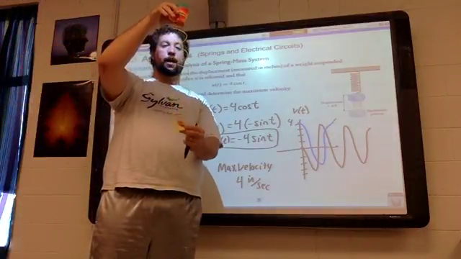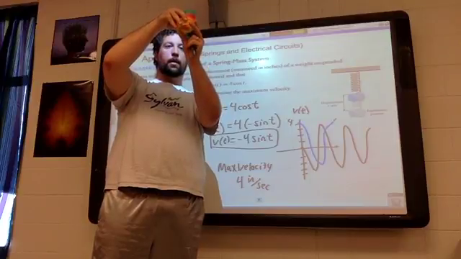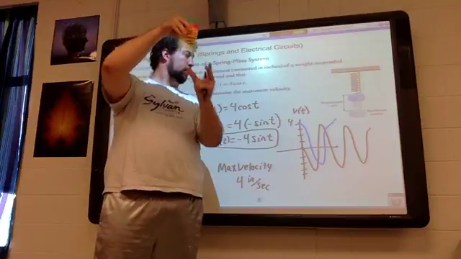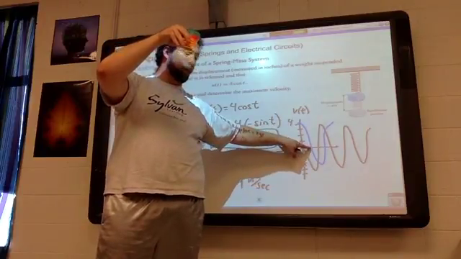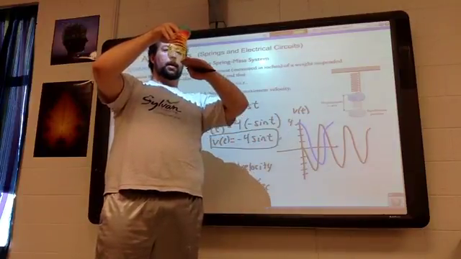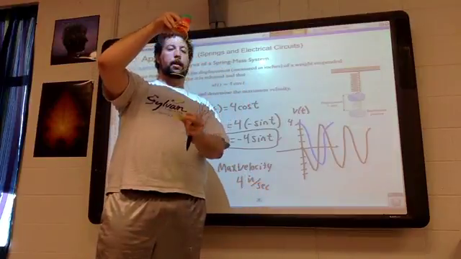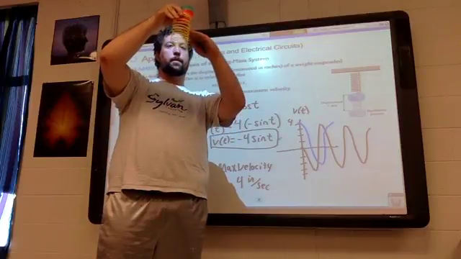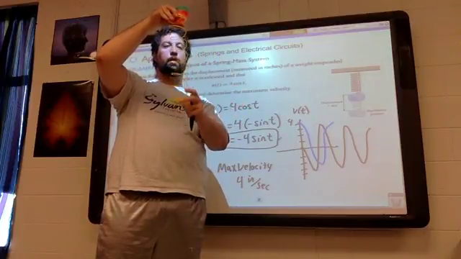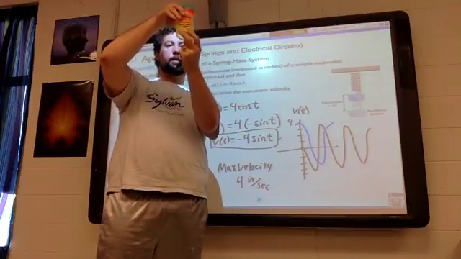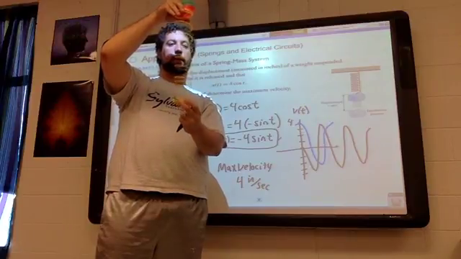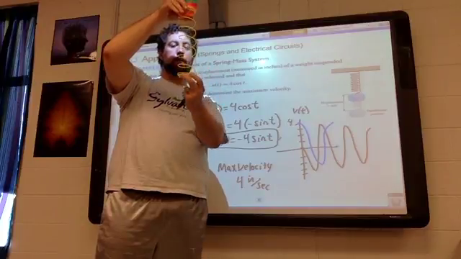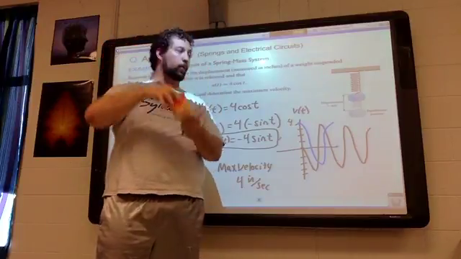But if I drop it from up here, it's going to reach its maximum velocity where it would rest. Where it's 0 here, that would be the equilibrium point. It's going to be fastest when it's going through that point. It speeds up, slows down, and reaches its top point. Then it speeds up, reaches its bottom point, speeds up, reaches its top point, and so on and so forth.